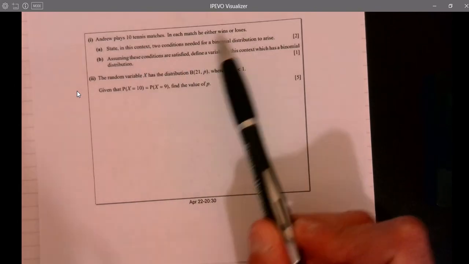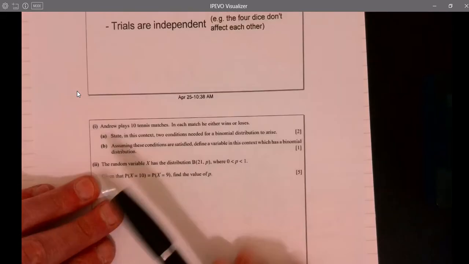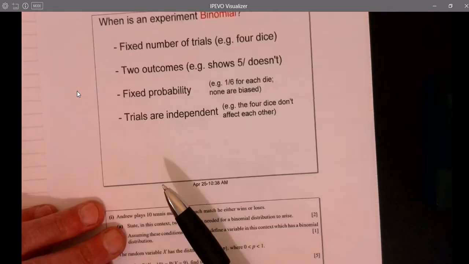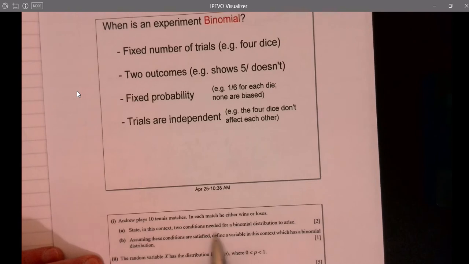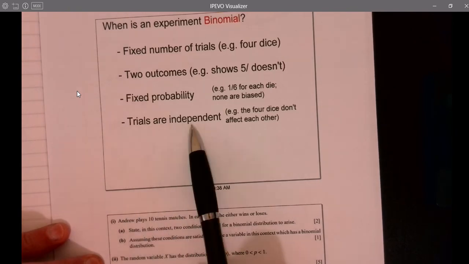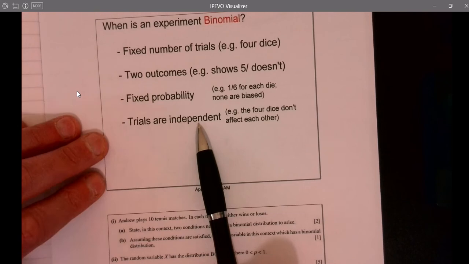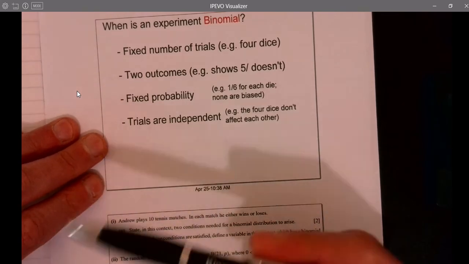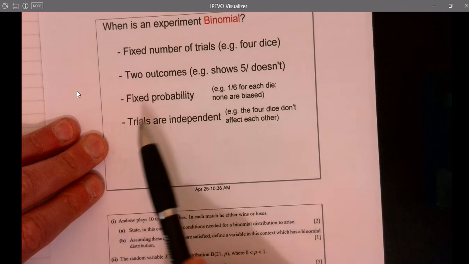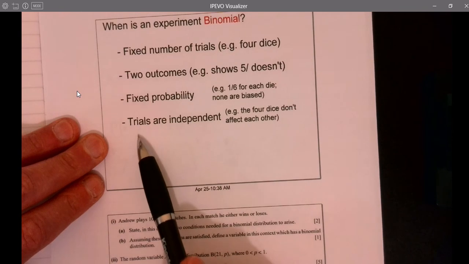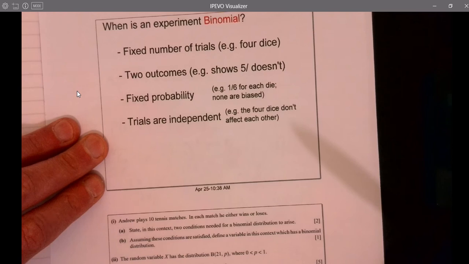So the trials are independent. Let's say he's not going to improve his chances of winning or losing as he goes through. So the probability of him winning a game would always stay the same.